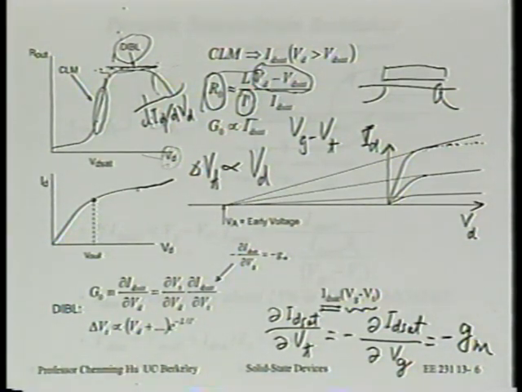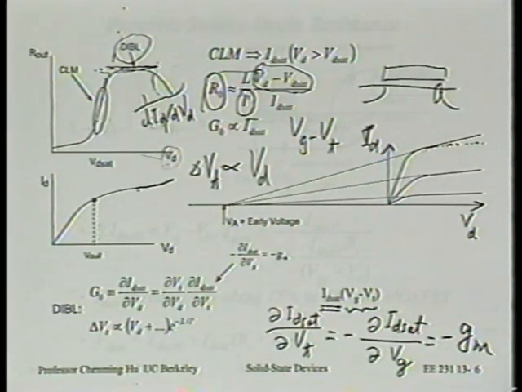Any other questions or comments about what we talked about today? What we did today basically is the model for the IV curve in the saturation region. We spent most of the time working out this channel length modulation model, and certainly it's very different from the p-n junction depletion region length model, which is what some people like to think determines that delta L. It is not at all.